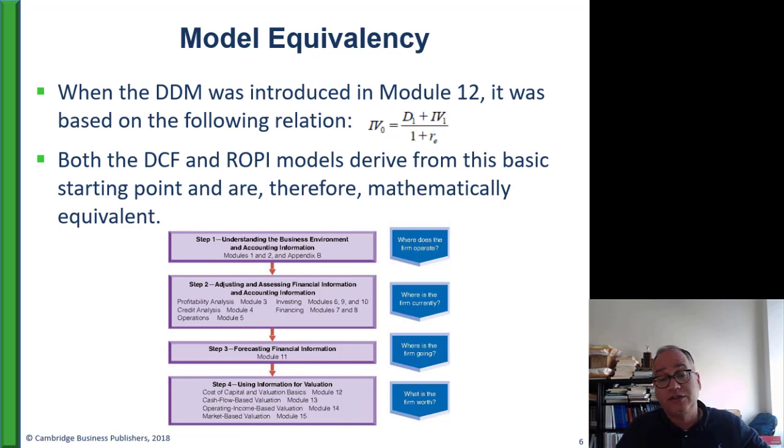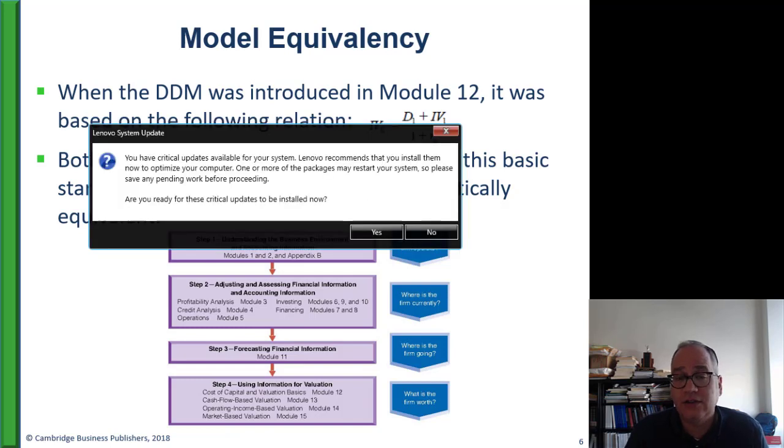So you may need to change some of the accounting numbers around to get something that's more predictive of firm value. Then do your forecast. Forecast is a key step. It's very difficult and it requires a lot of judgment. And then finally, use this information to determine what the value should be.